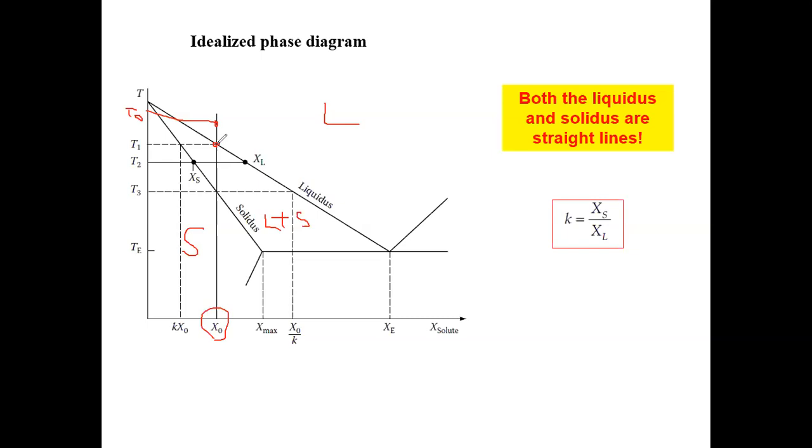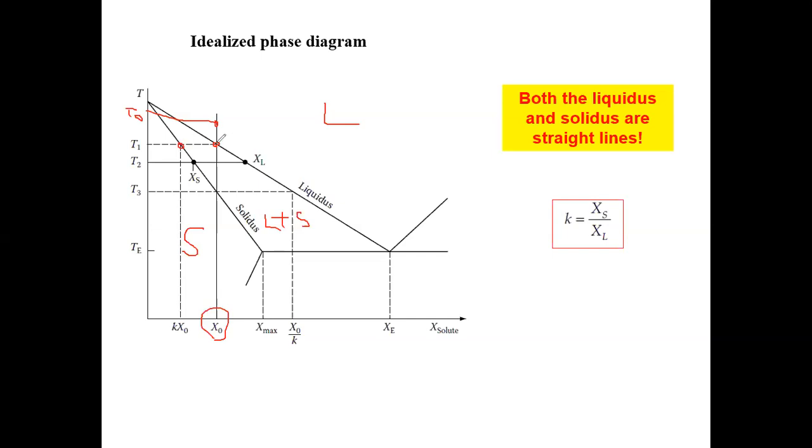How would you get the composition for the two phases? You can use the lever rule. You just construct a tie line, because we're only interested in the composition, not the phase fraction. The intersection with the liquidus gives us the liquid composition, and the intersection with the solidus gives us the solid composition.